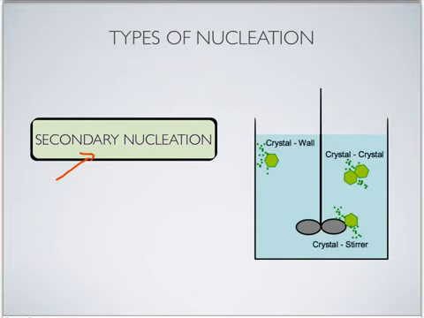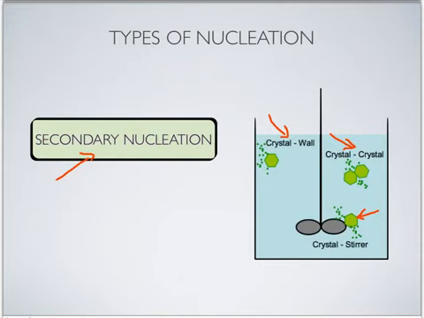But the question is, where do these new nuclei come from? The new nuclei are generated either by contact between crystals, or between the crystal and the wall of the vessel, or the contact between the stirrer and the crystal in the agitated tank.